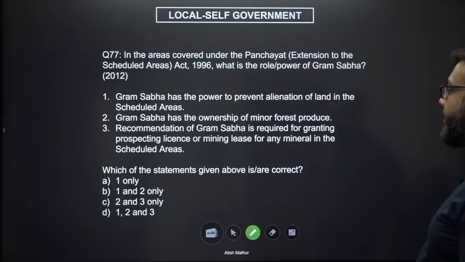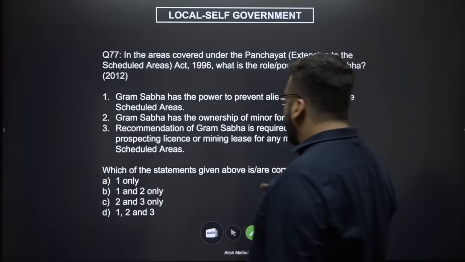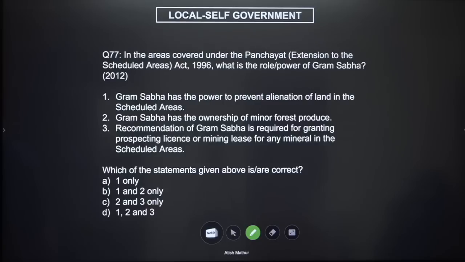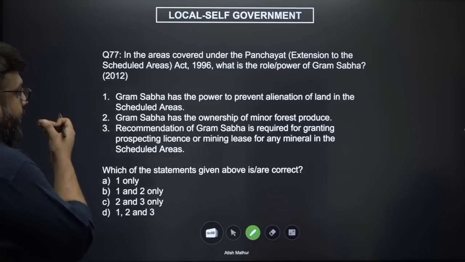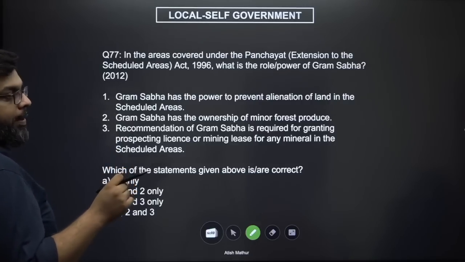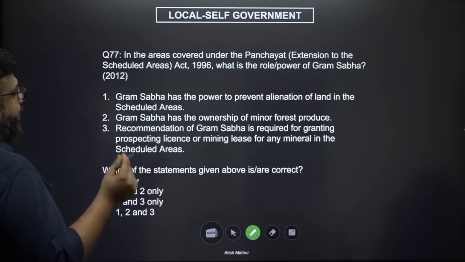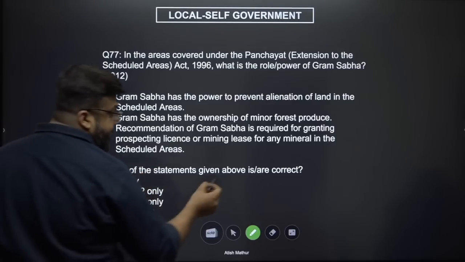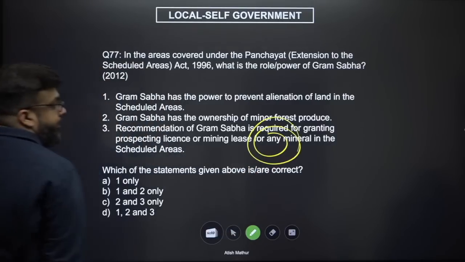Recommendation of the Gram Sabha is required for granting prospecting license or mining lease in any of the areas, right? In any of the areas. Now, think about it. The recommendation of the Gram Sabha is required for granting prospecting license or mining lease. Look at our trigger word, for any mineral.